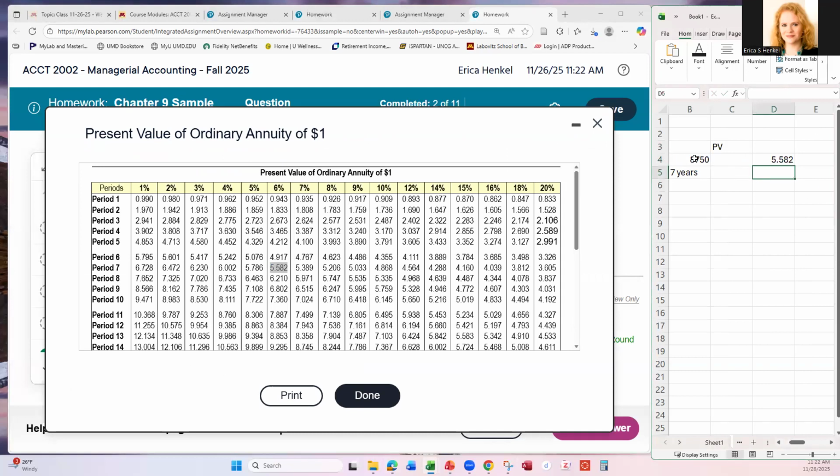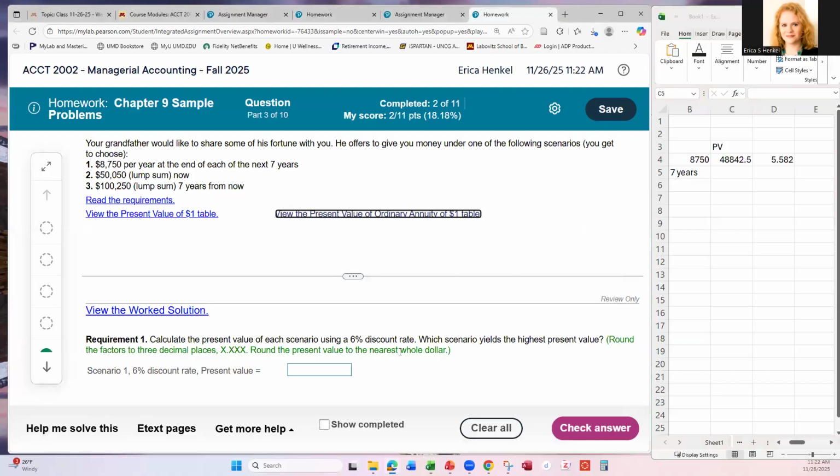We take the amount of your annuity and multiply it times the annuity factor. They want us to round to the nearest whole dollar, so $48,843 is where we're at here. In terms of today's dollars, that would be worth $48,843.